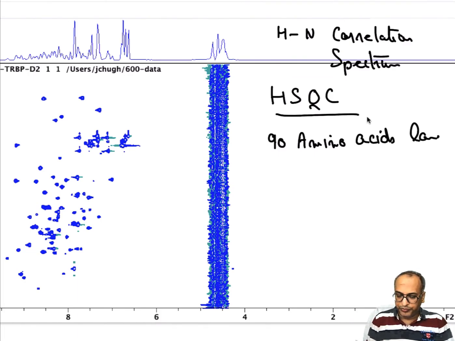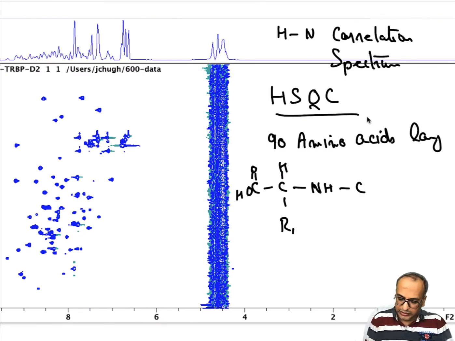When I say 90 amino acids, I mean that I have something like this: COOH, C, R group, then this is H, this is NH, CO, C, R2, H, NH, and so on.